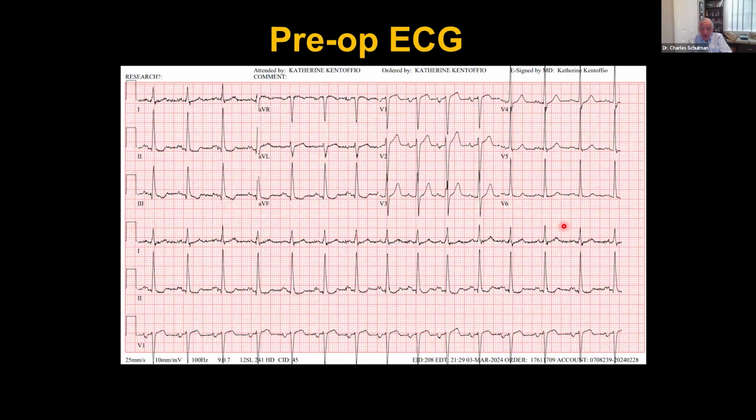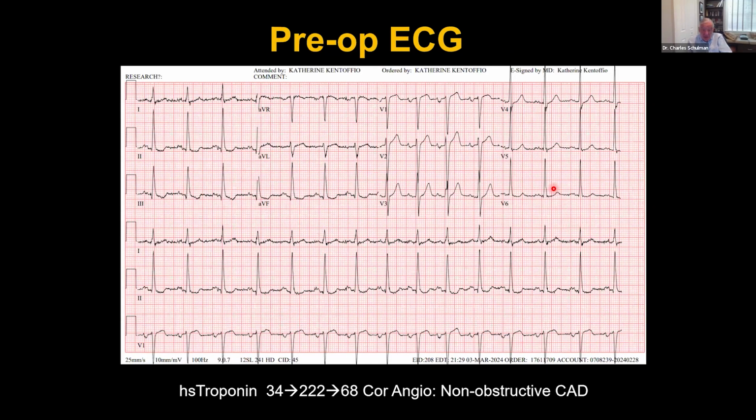Okay, so his troponin rose and fell, and he went to the cath lab, and the coronary angiography showed non-obstructive coronary disease. So he had this, and all of his subsequent tracings look like this. There are at least half a dozen of them, and they all look just like that.